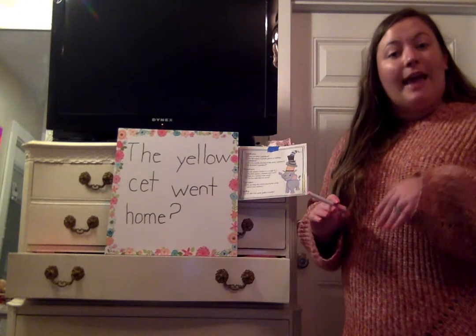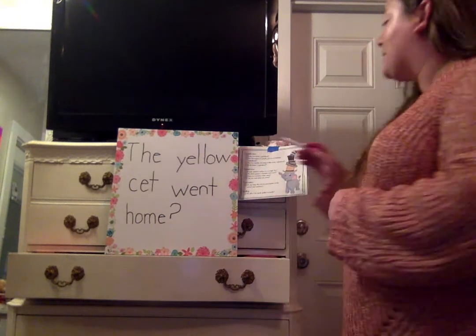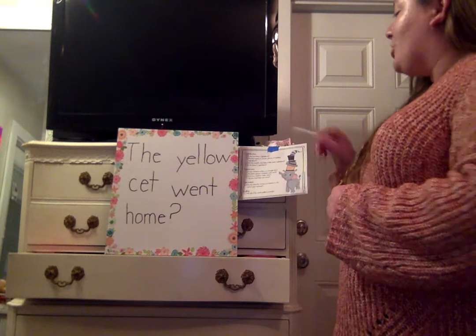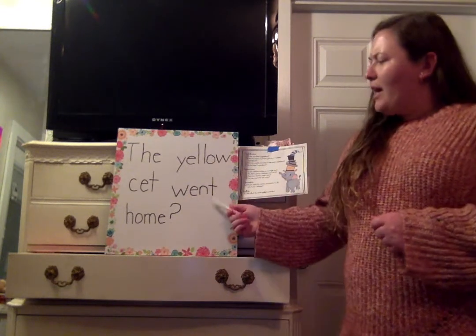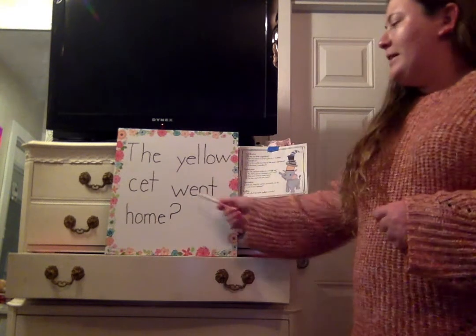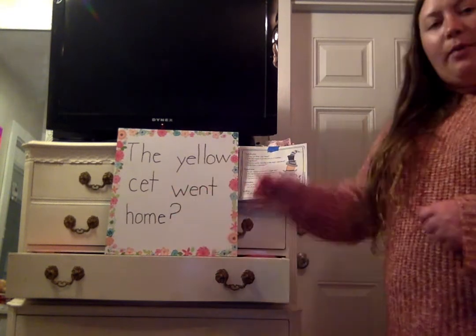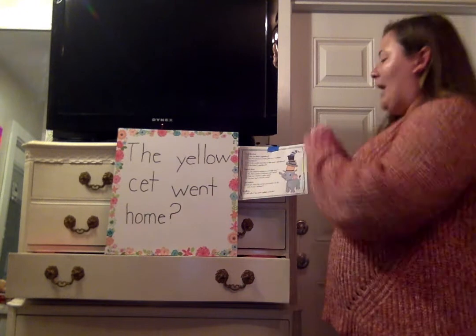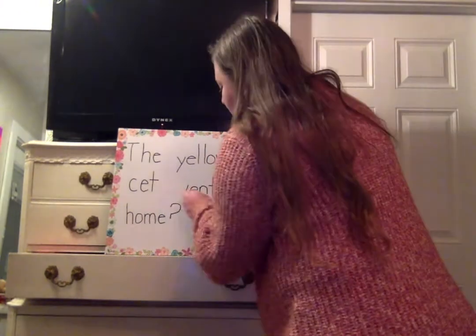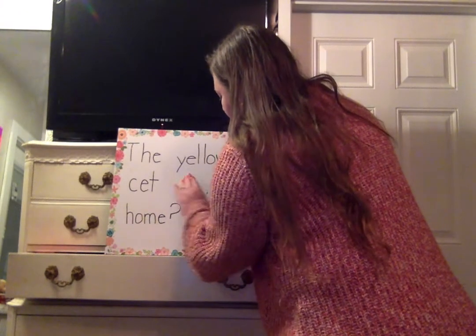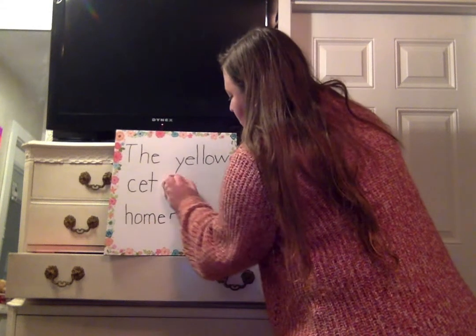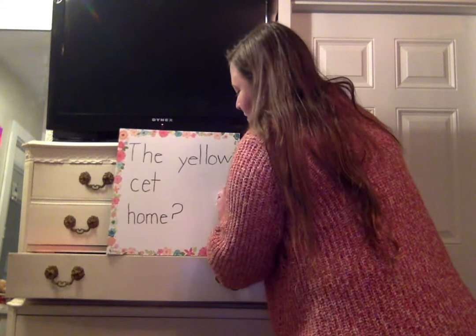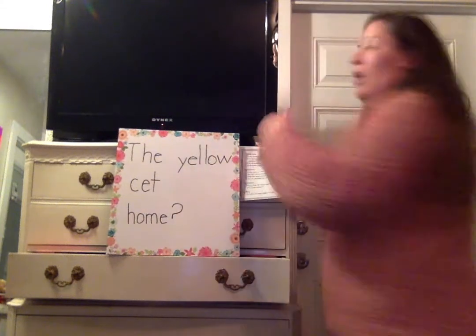So now I move down to A, and A stands for appearance. Appearance. Is your sentence written in a straight line? Well, I see that went is not with cat. I went under my line. So I need to correct that and make it a little higher because I want all of the words in my sentence all in one line.